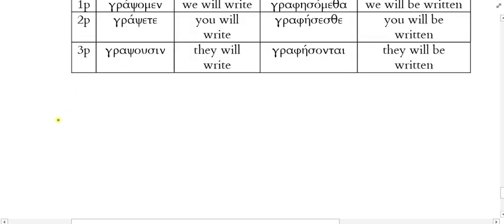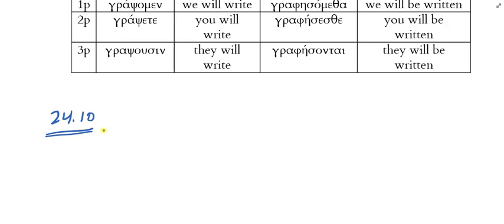If we look at Mounce 24.10, we've gone through the basic formation. There are going to be some problem areas, okay? And here we have verbal stems where the stem ends with a stop. What are our stop consonants?